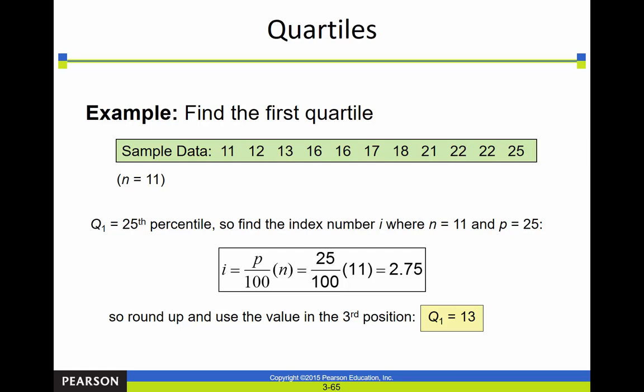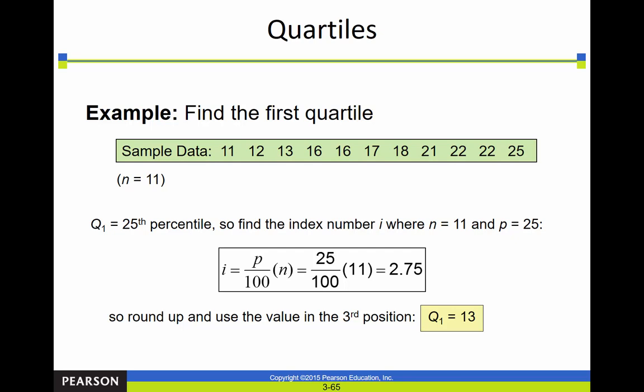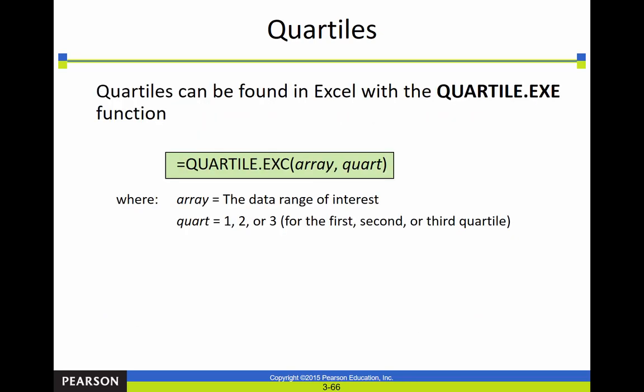So the third item, which is 13, becomes our first quartile. That means 25% of the data are at 13 or below. We repeat the process with 50 to get the second quartile, and 75 to get the third quartile. We can also use QUARTILE.EXC in Excel.